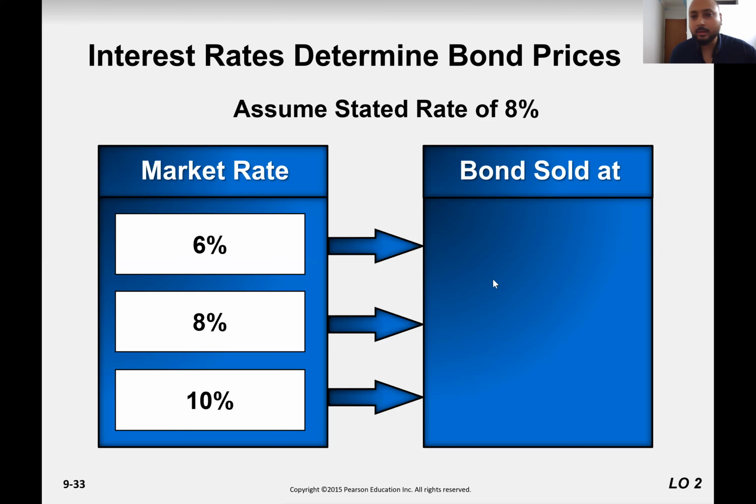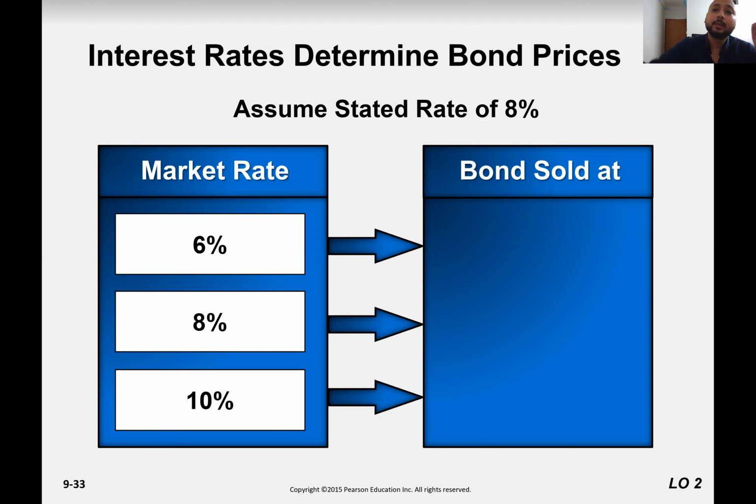Okay, guys, welcome back after the short break. We were discussing that there are two interest rates discussed in bonds payable, in long-term liabilities. Number one is the coupon interest rate, and number two is the market interest rate.